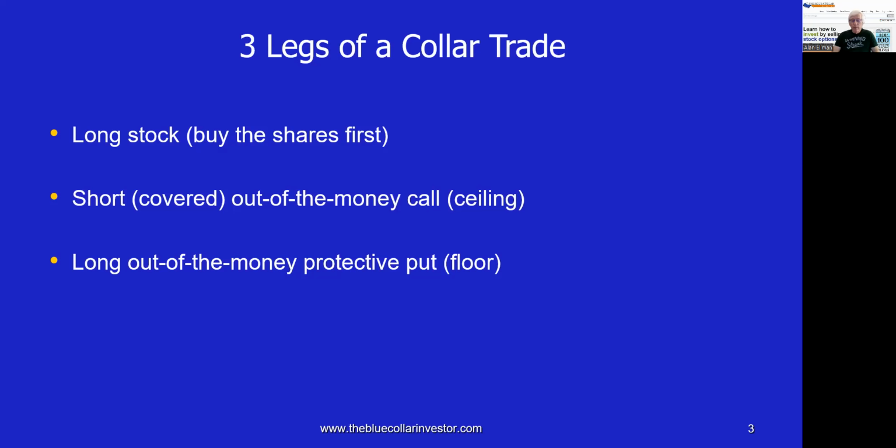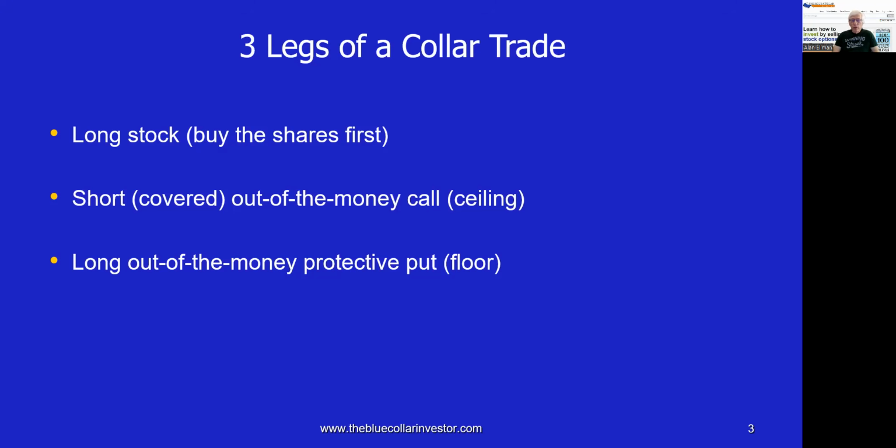That will then establish the ceiling to the trade. So in other words, if the price of the stock goes higher than the out-of-the-money call strike, we will not participate in that share appreciation beyond the call strike. But we will get the appreciation up to the out-of-the-money call strike.